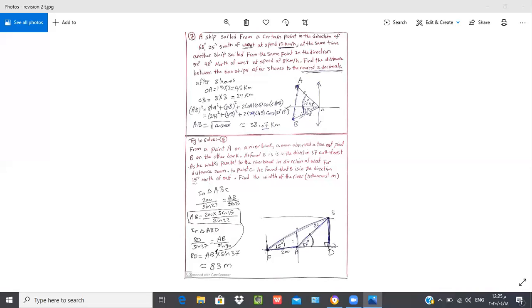All of this angle, if you add them, you will find 122 degrees and 13 minutes. So you can here substitute 24 square, 45 square, 2 multiplied by 24, 45 cosine the angle between them. And here I need AB only without square, so I will take the square root of the answer.